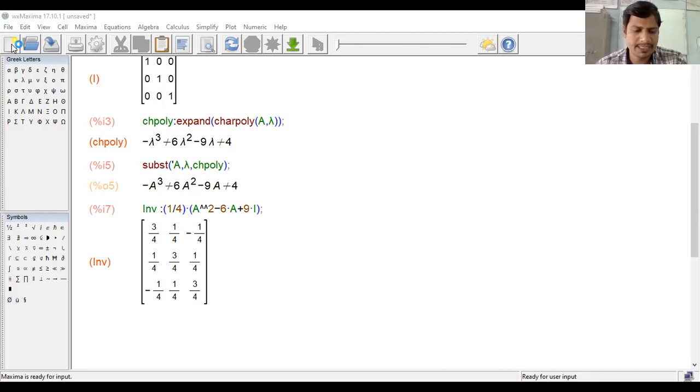You take capital C, that is the characteristic polynomial of, that is the colon, then that is the expand. Expand, what is the expand? That is the characteristic of, that is CHPOLY of, what is that one? Expand A, then comma, that lambda.